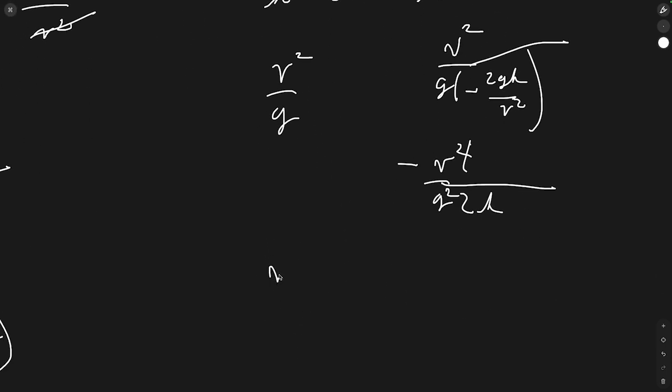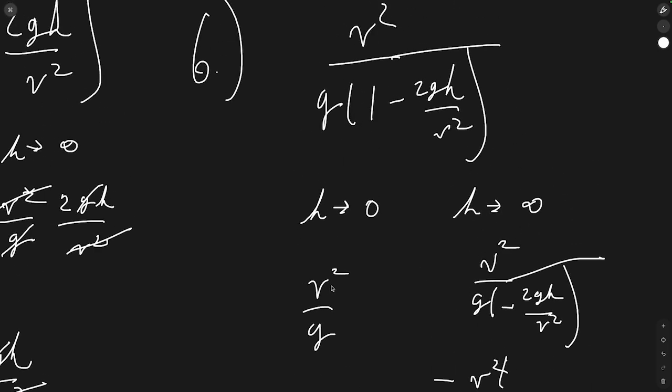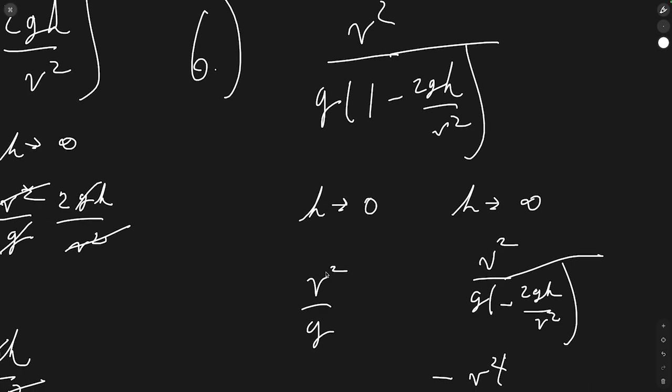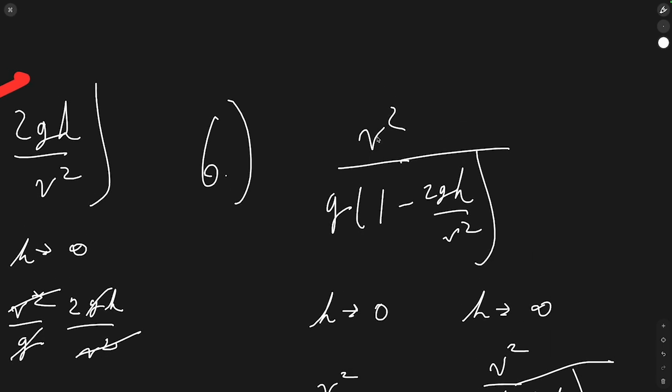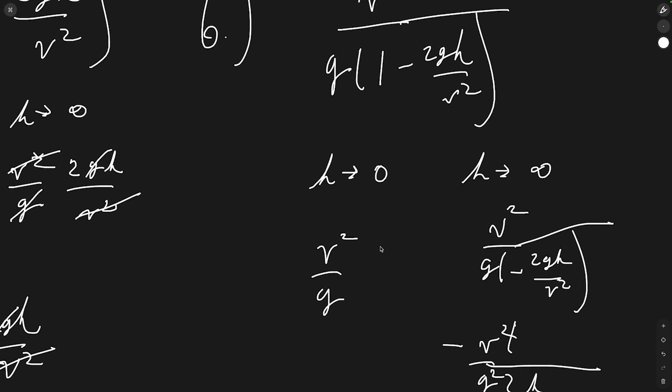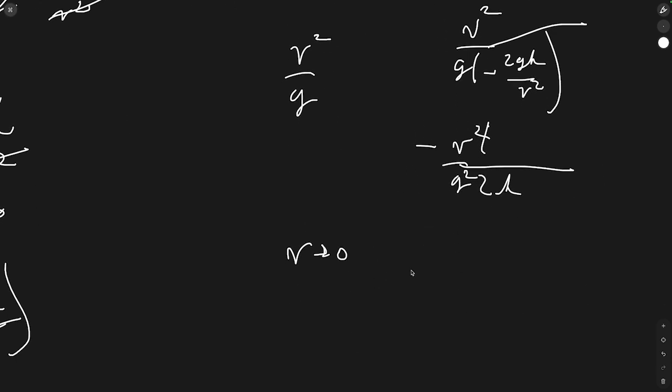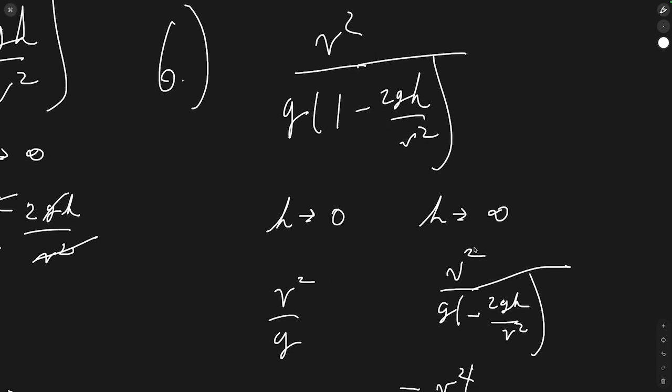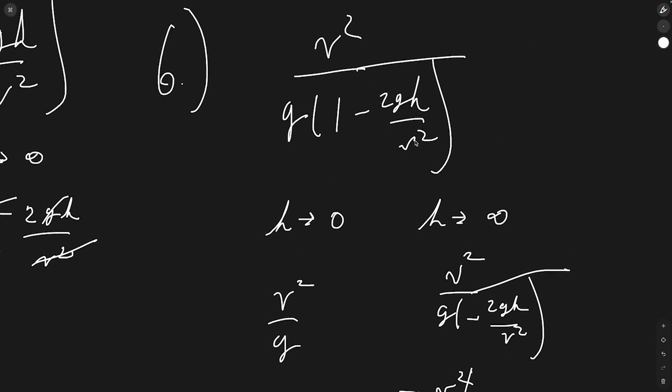What about when v goes to 0? So when v goes to 0, this term dominates. It's kind of the same situation. When v goes to infinity, this term goes to 0.